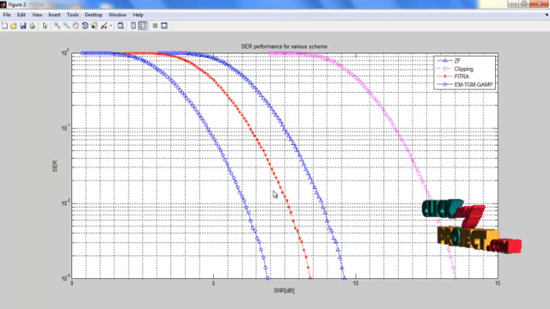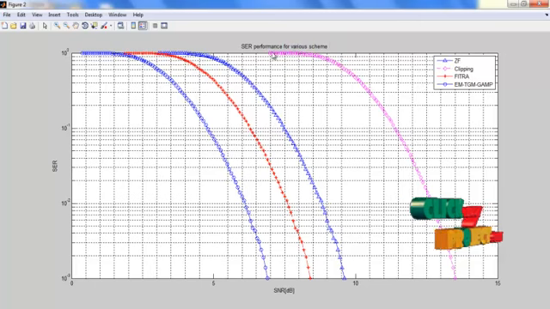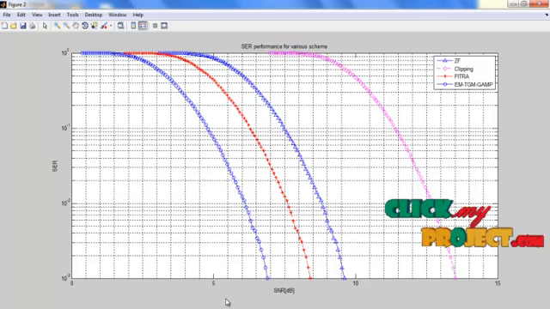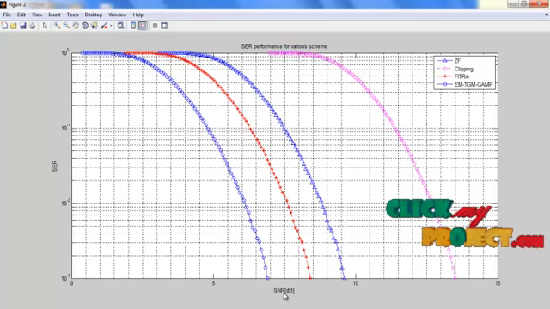Next is the SER performance for various schemes. SER means symbol error rate. The SER is plotted against the signal to noise ratio. The value of signal to noise ratio is in terms of dB, decibels.